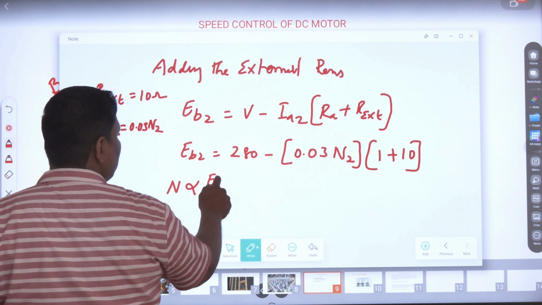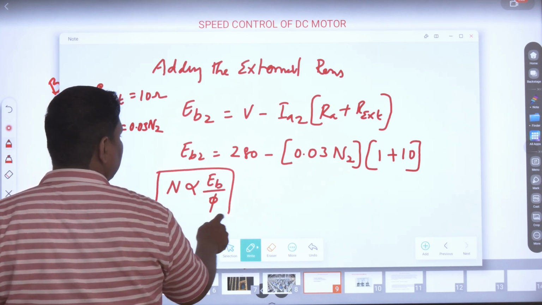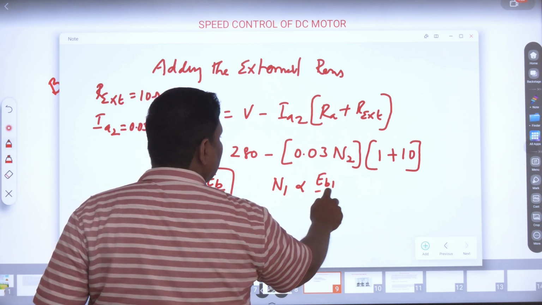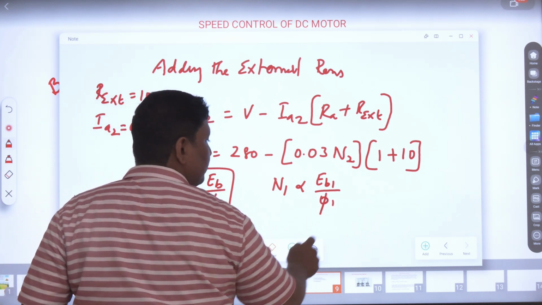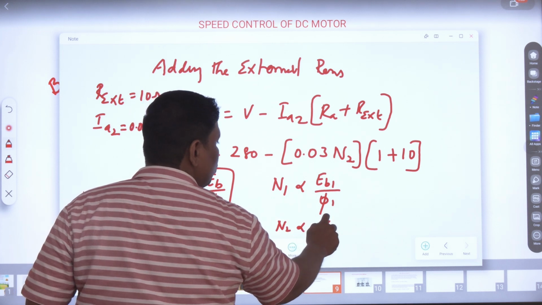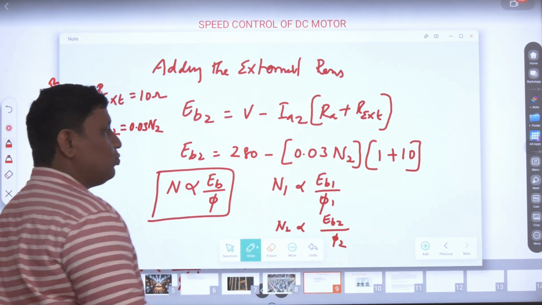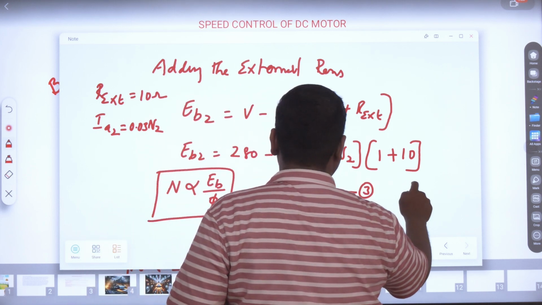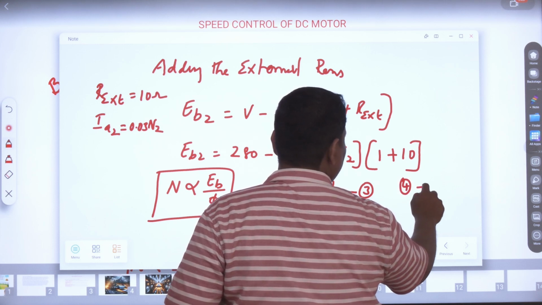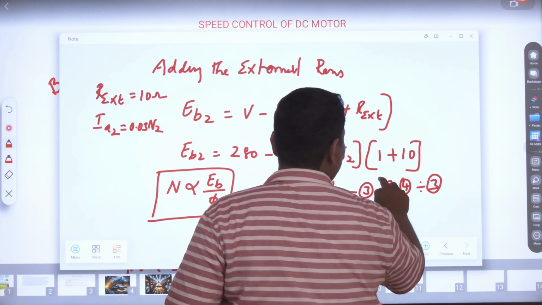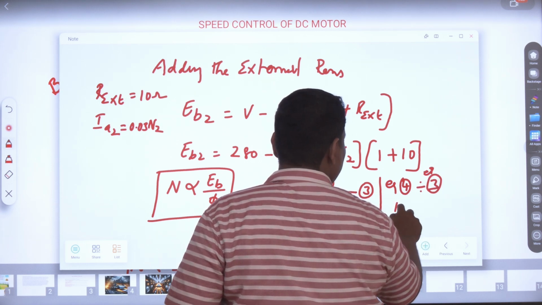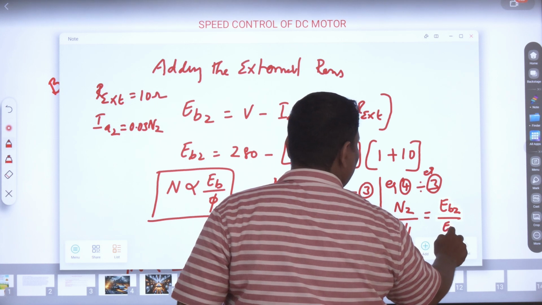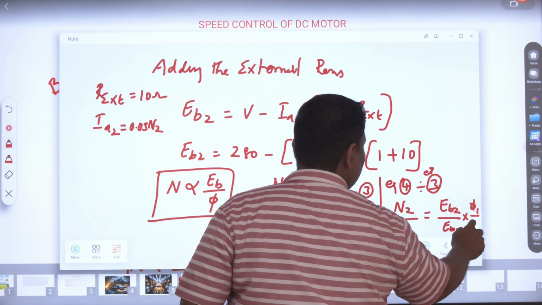Now we know the relation N is proportional to EB divided by phi. So N1 is proportional to EB1 divided by phi 1, and N2 is proportional to EB2 divided by phi 2. Now consider this as third and this as fourth, and take equation 4 divided by equation 3. Now we get the relation N2 by N1 equals EB2 divided by EB1 into phi 1 divided by phi 2.